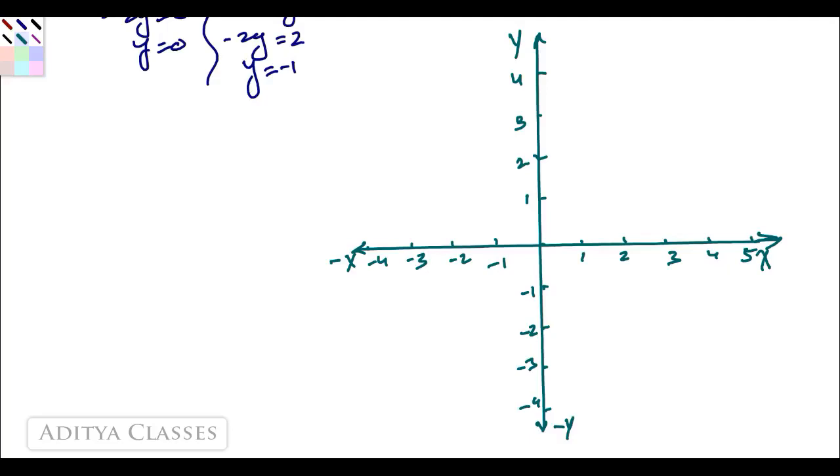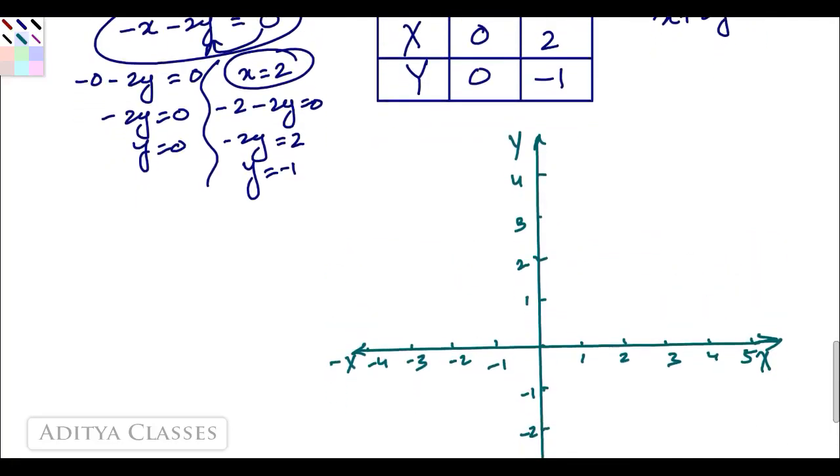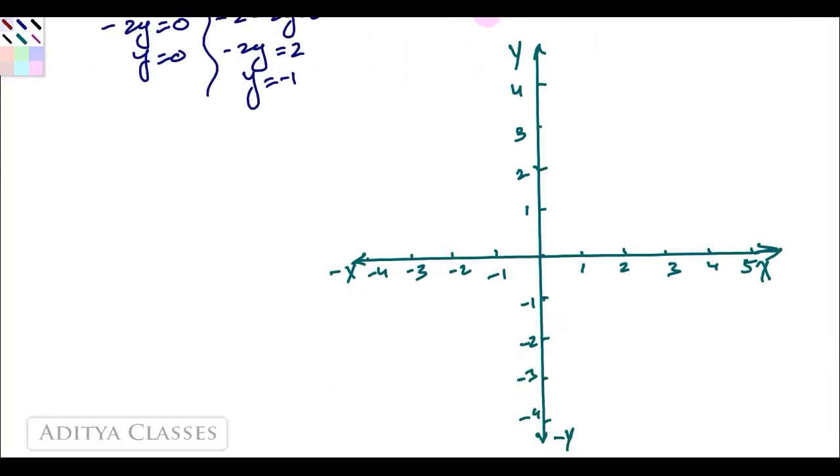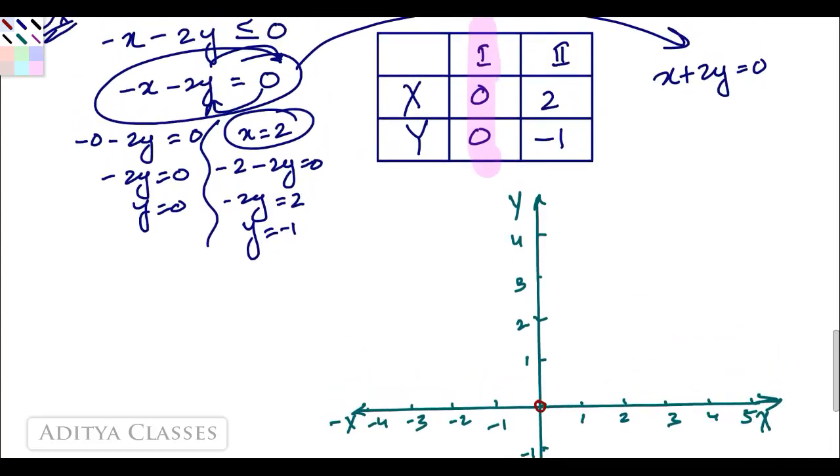Here is our coordinate system. What are the points? The first point being 0 and 0. Where will I have my 0 and 0? Here I will be having a 0 and 0.